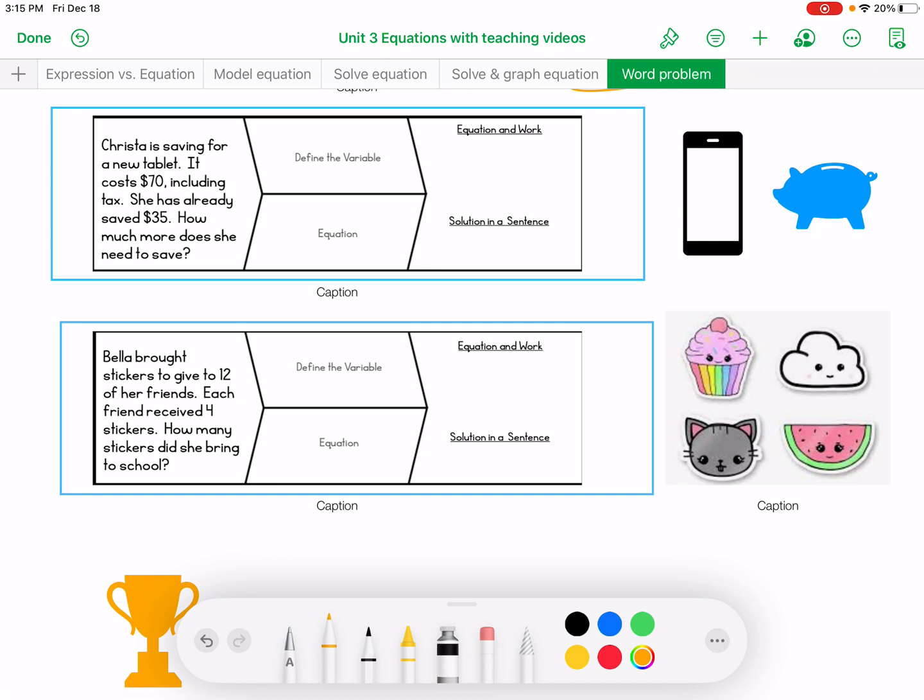Krista is saving for a new tablet. It cost $70. The total cost, it cost $70. She already has 35. She has it. She didn't spend it. So it's going to be positive. How much more does she need to save? So T. How much more is she going to need to save to be able to get the tablet?